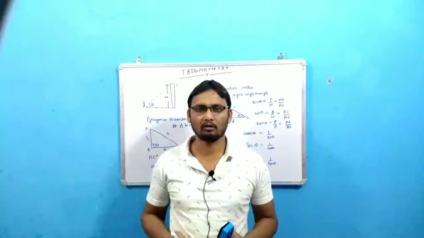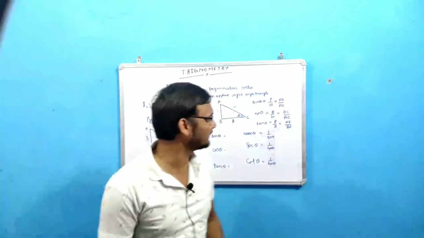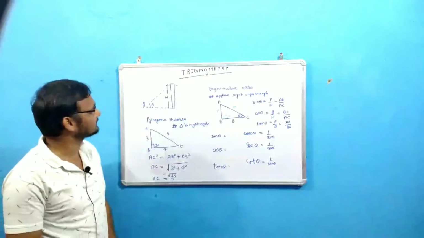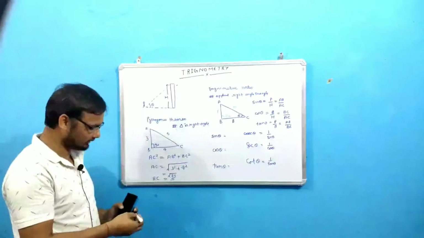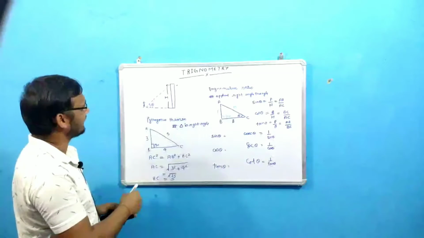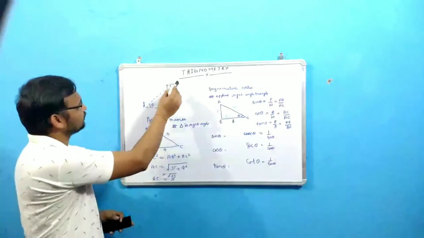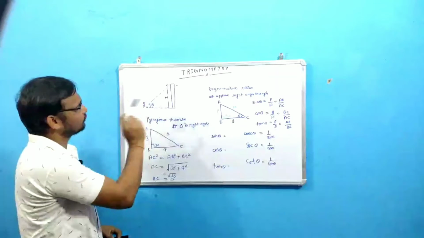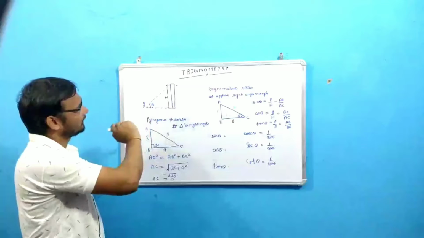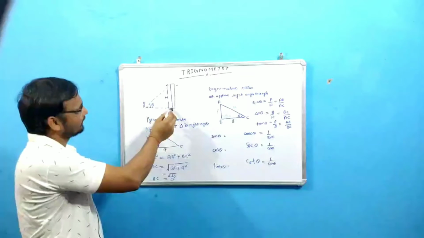First of all, we talk about Pythagoras. There is a tallest building, and the height of this building is h. There are two methods. First, we can measure this height manually.